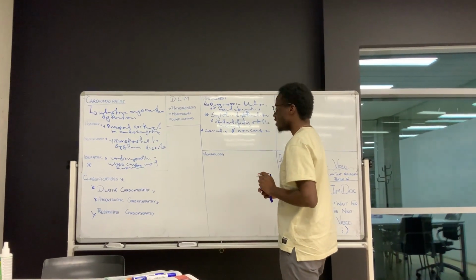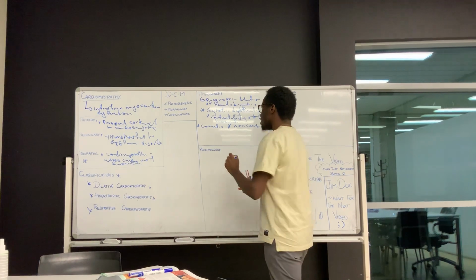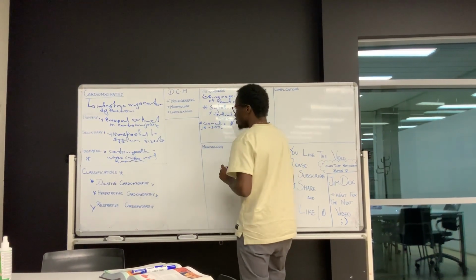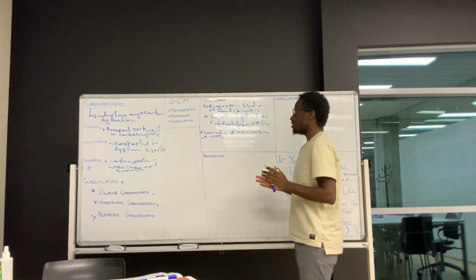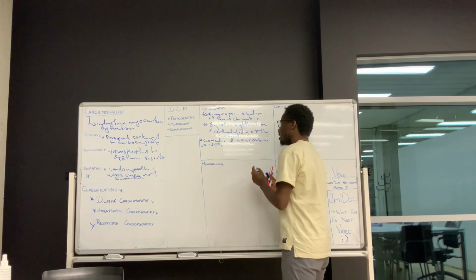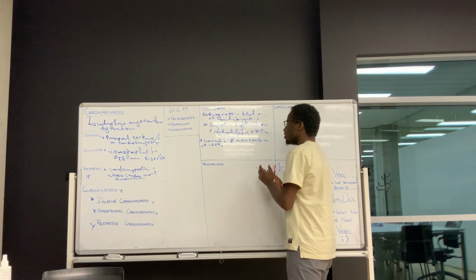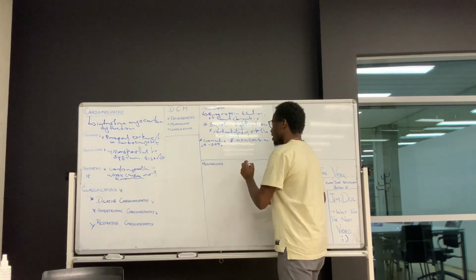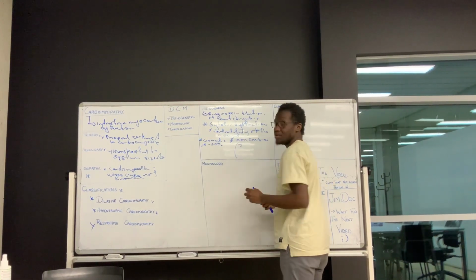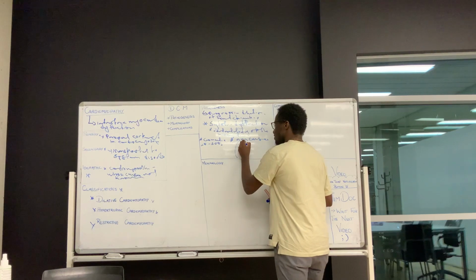The genetic causes contribute up to 20 to 50% of the causes, so most of the DCMs are actually genetic. For the non-genetic causes, we have a couple of them, but the most common one is pregnancy.